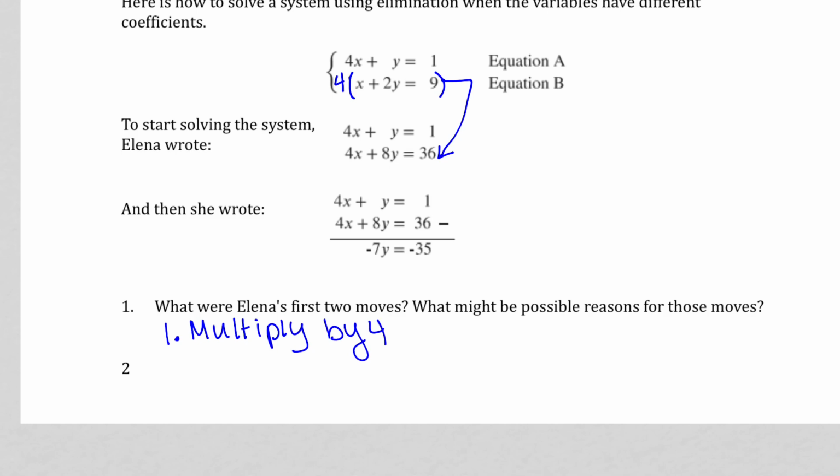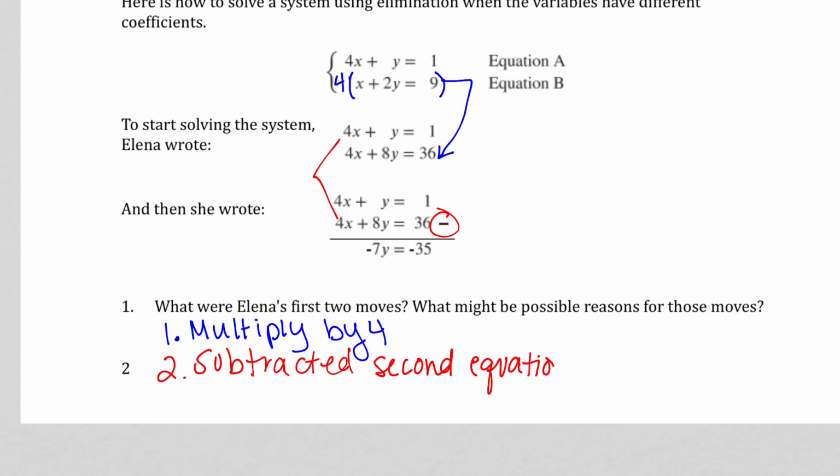Then the difference between here and here was just that she put the subtraction sign, right? Subtracted the second equation from the first.